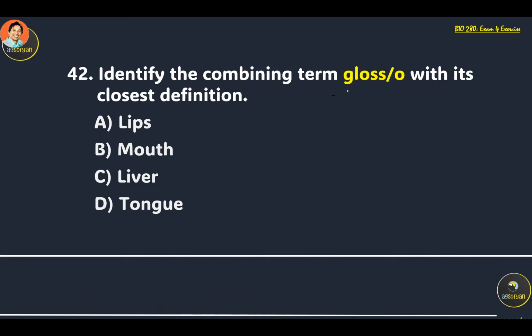Glosso. Okay. Glosso means the tongue. How about lingo? Language. How you use, how to say something. Language is coming from the tongue.